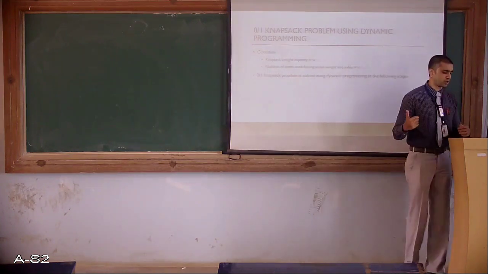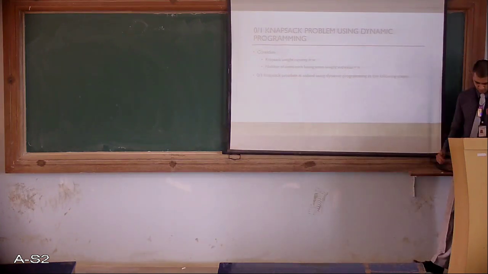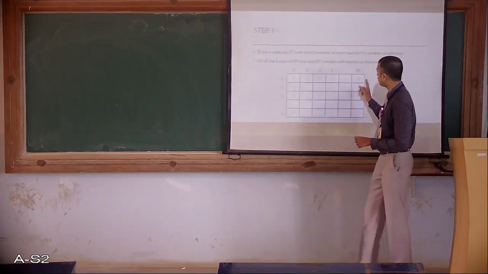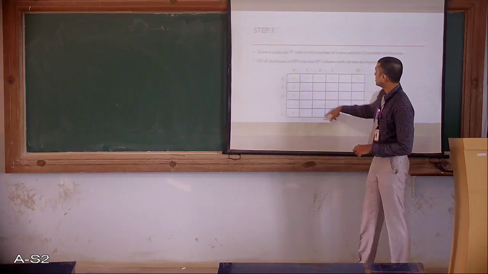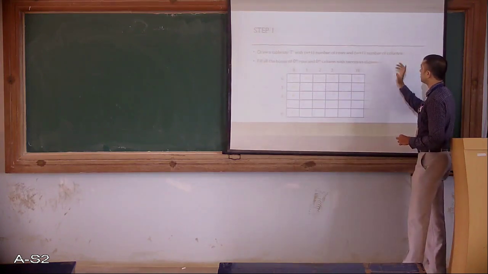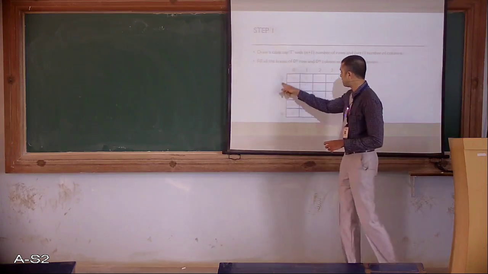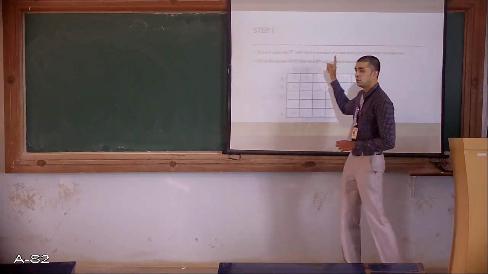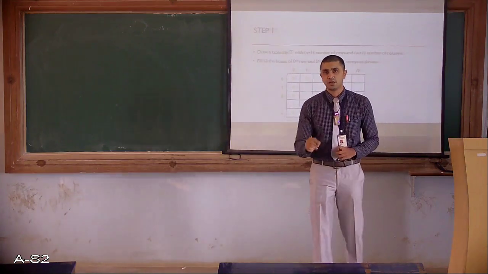So we need to follow certain steps in order to solve this using dynamic programming. The first step is that we need to draw a table. Draw a table T with N plus 1 rows and W plus 1 columns. So this N plus 1 is based on the number of items, W plus 1 on the capacity of the knapsack.